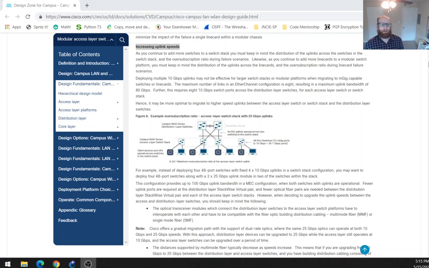Deploying multiple 10 Gbps uplinks may not be effective for larger switch stacks or modular platforms when migrating to N-gig capable switches or line cards.